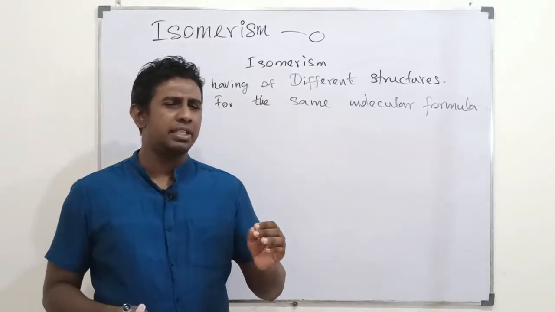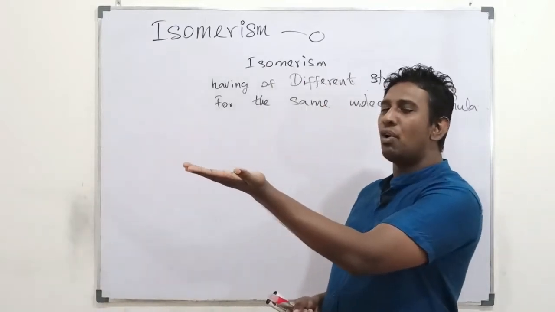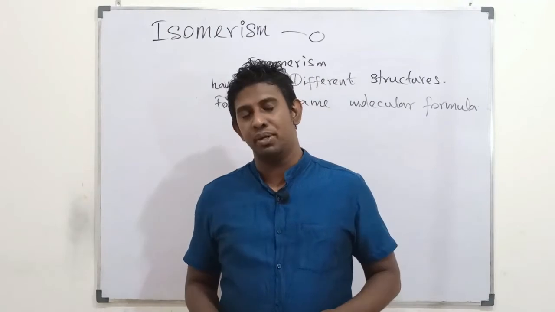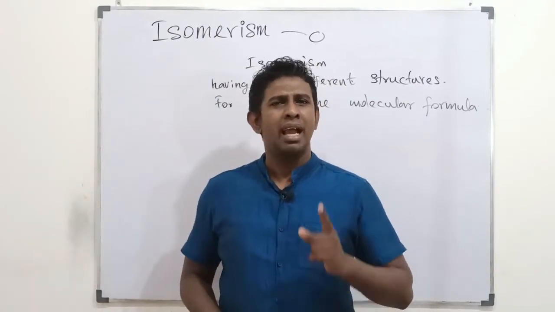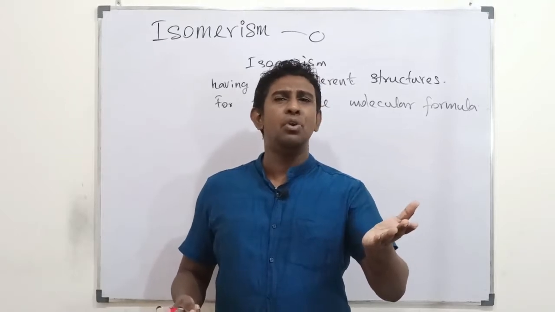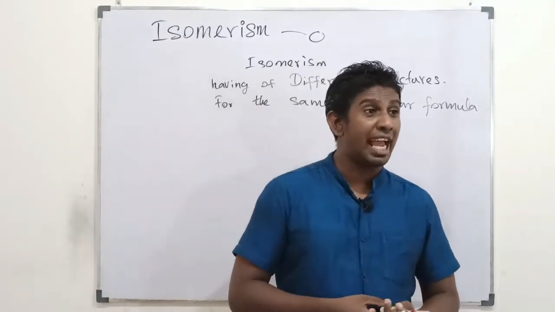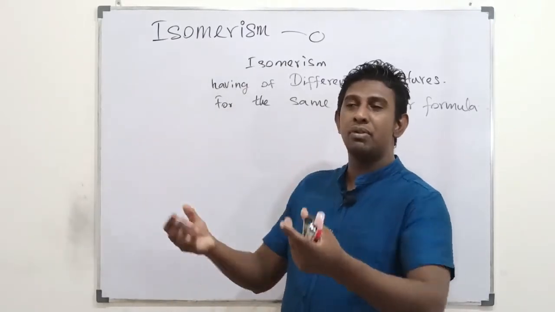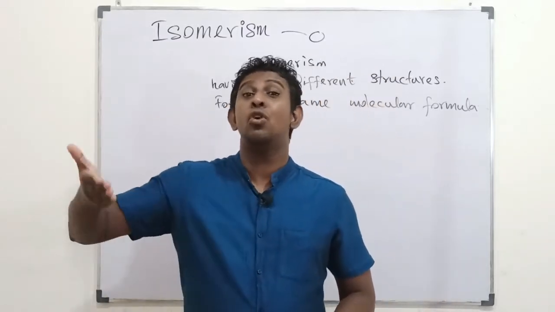Then students, sometimes you would find the same molecular formula carrying different structural formulae, therefore they are different substances. Such structures, which have the same molecular formula but are different compounds, are called isomers.